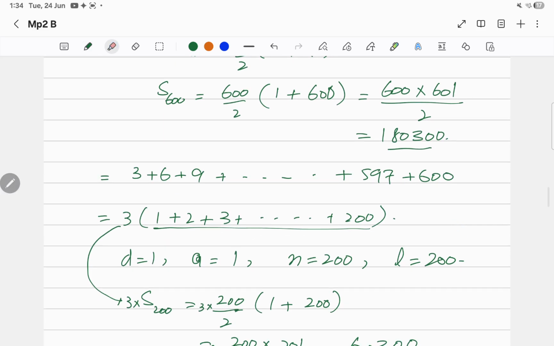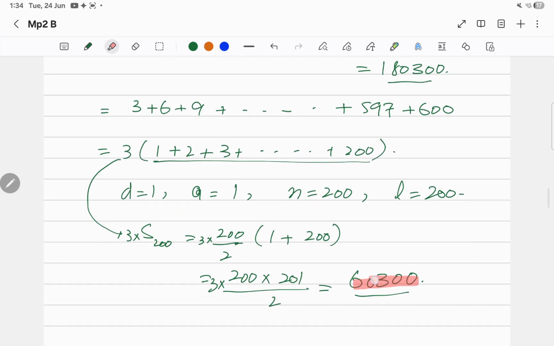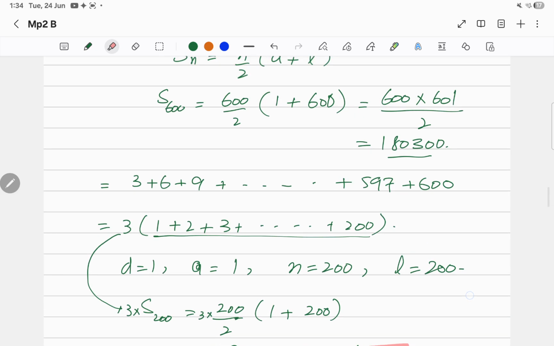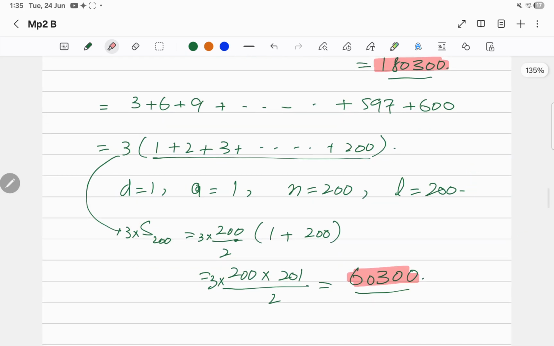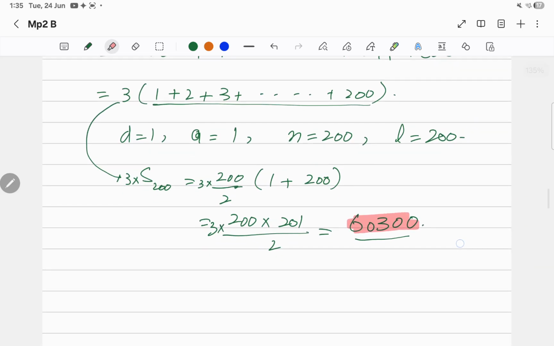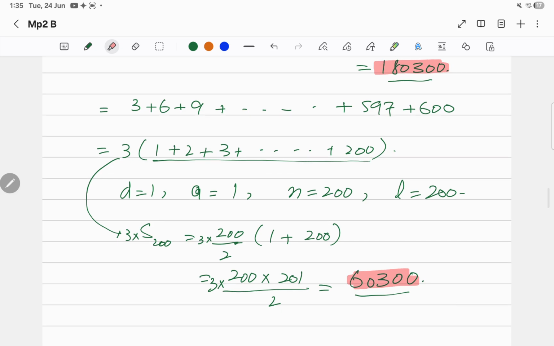So if you take away this sum, which is actually the sum of the multiples of 3 up to 600, from the total sum of the terms up to 600, then you will get the sum of the terms which are not multiples of 3, or you can say which are not divisible by 3.